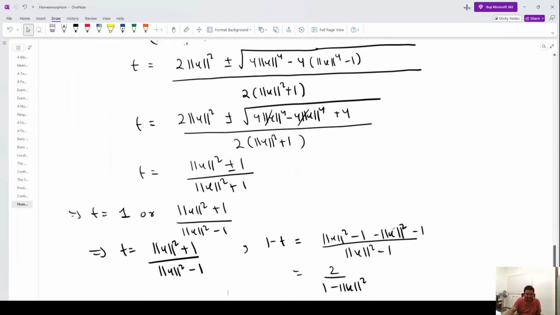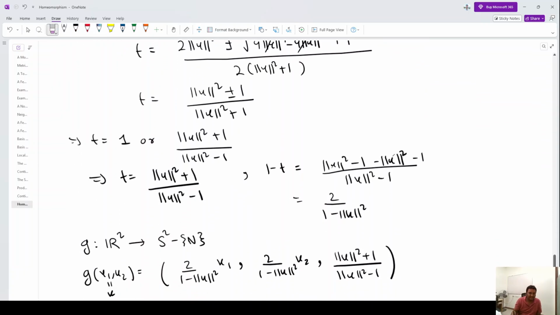Let's change the signs. So this is minus, this is plus, this is minus, this is plus.